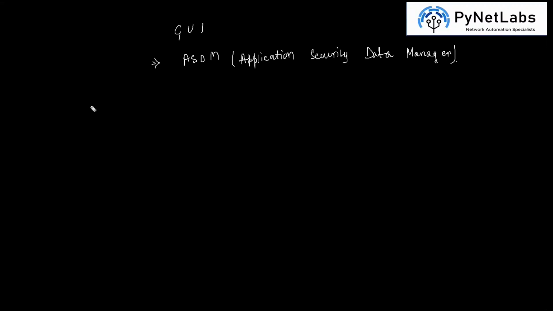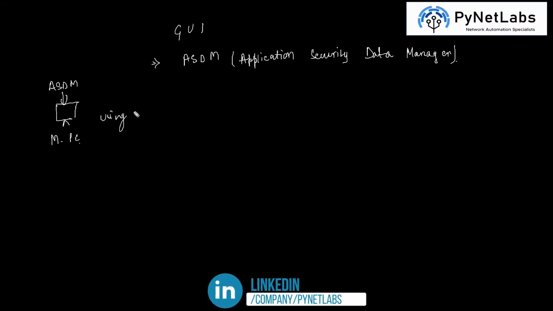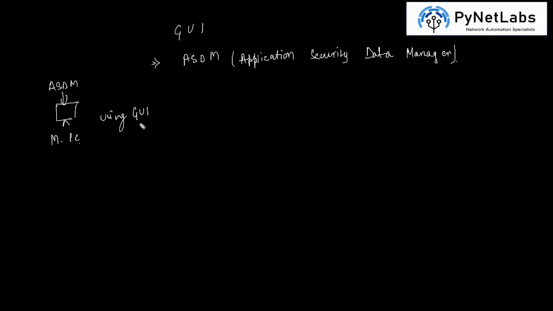Now you install this ASDM on the management PC. You install it here, then you open it and you make the configurations on this PC using the GUI, the graphical user interface, which we humans understand.